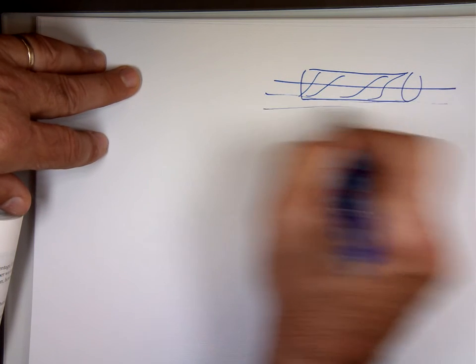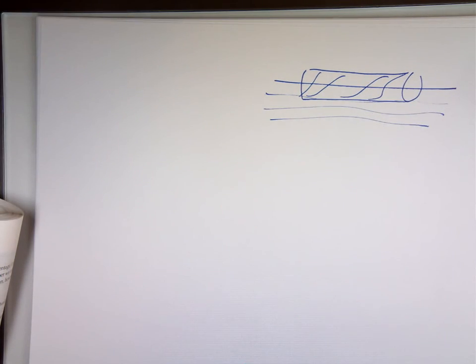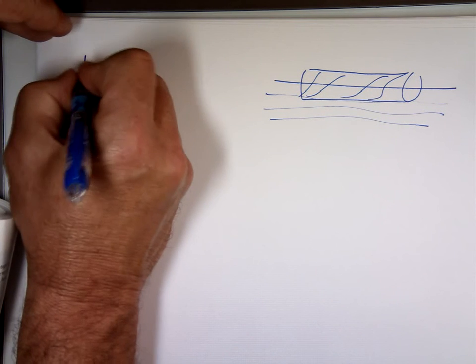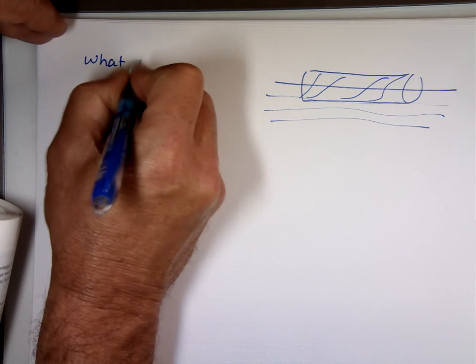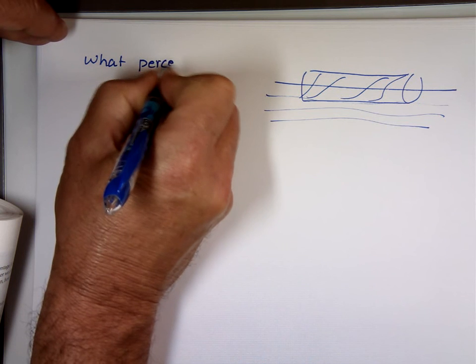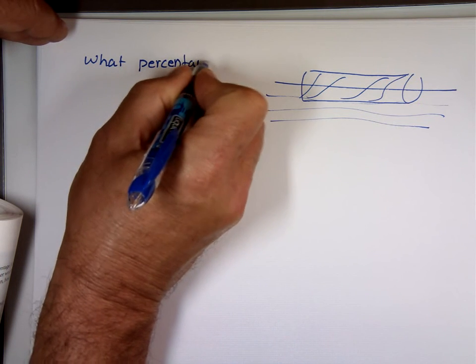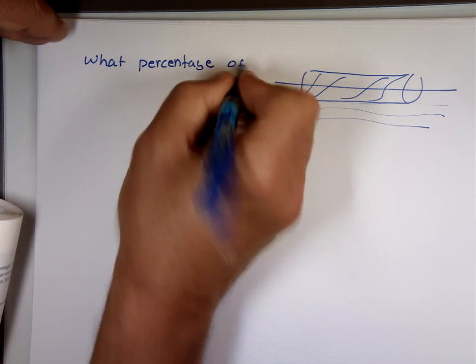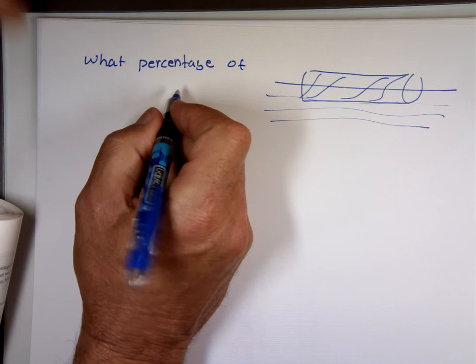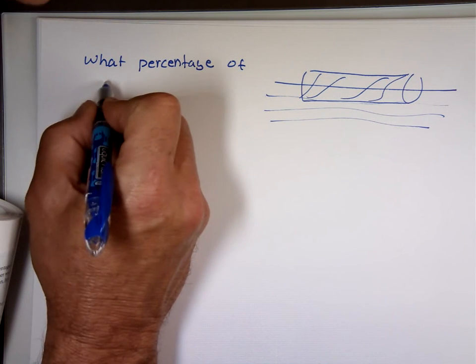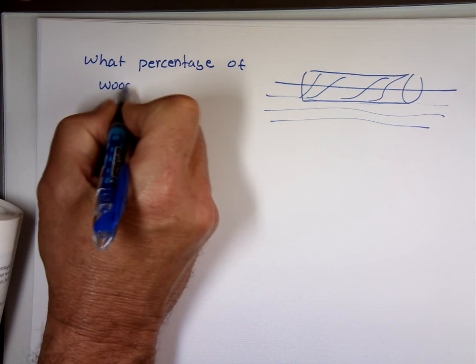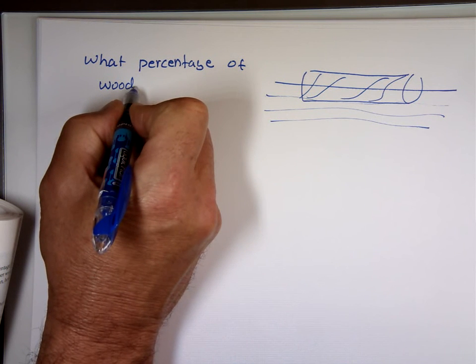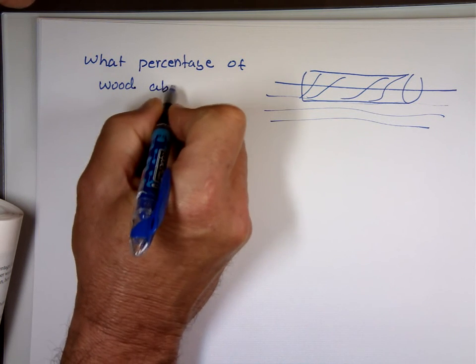And the question is, what percent of the wood, the ice, whatever you want it to be, is above the level of water?